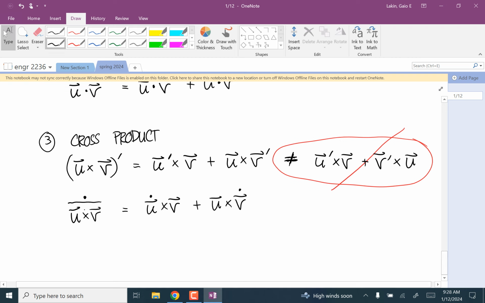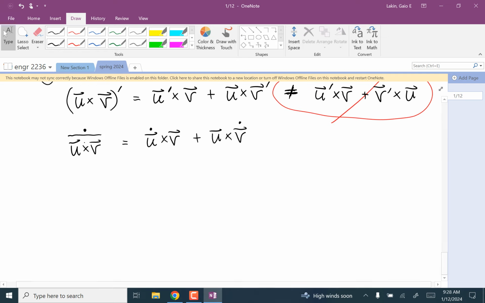Okay, so now this actually gives us enough to see for the first time why rotating coordinate systems cause problems.